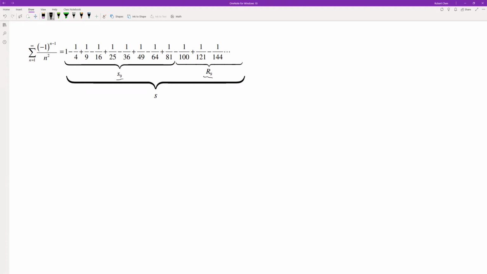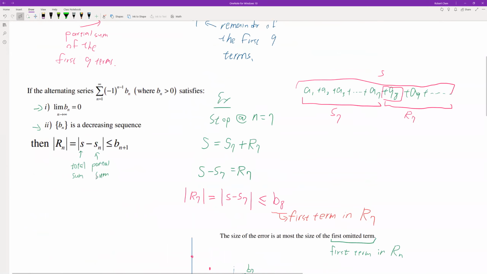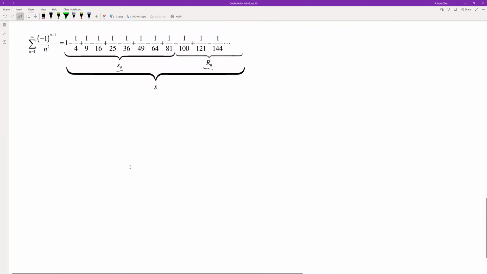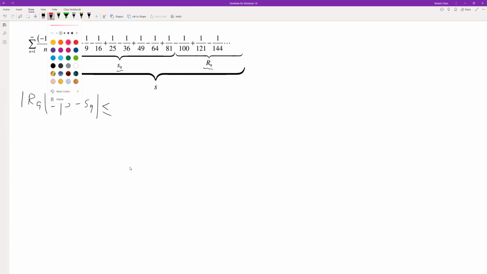From the alternating series estimation theorem, the absolute value of R9, the error, is equal to the absolute value of the total sum minus the partial sum, which is going to be less than or equal to the first term in the remainder, which is 1 over 100.